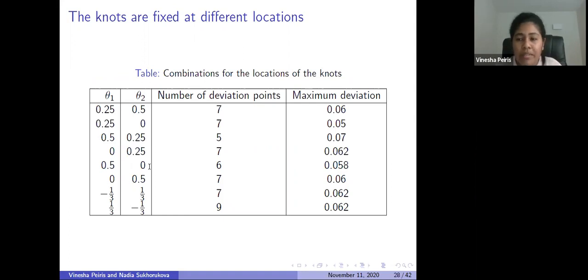They are located at different places. And for the last two experiments, these knots are actually located at equidistant knots. So for the first one, we have located the knot in the numerator at -1/3, and the knot in the denominator is located at 1/3. And then for the last experiment, we interchange these two knot values.